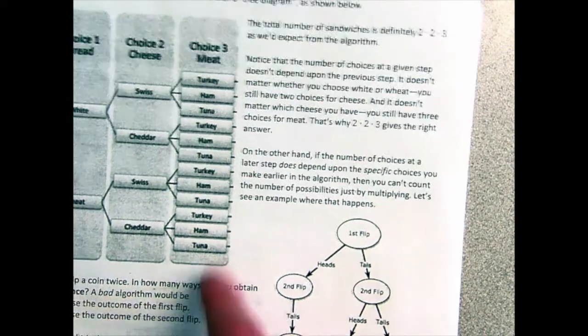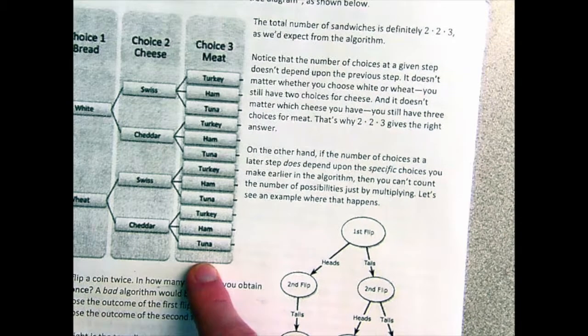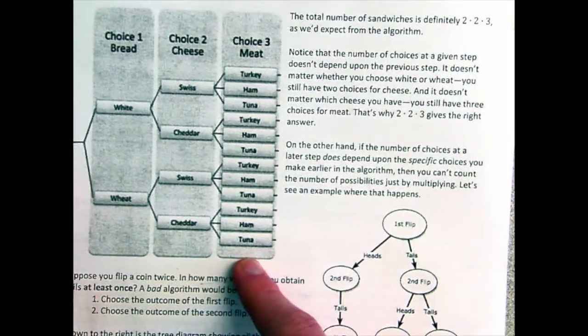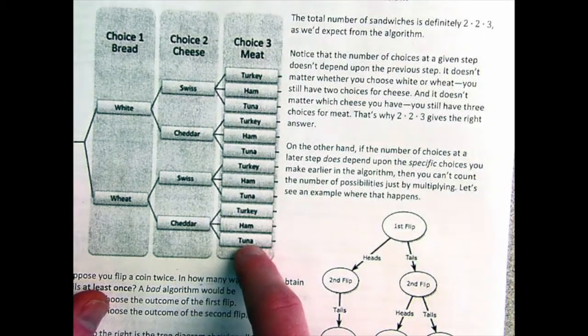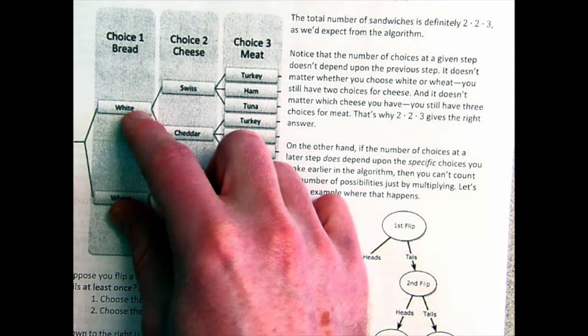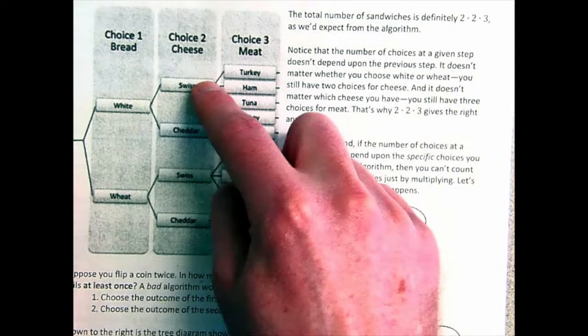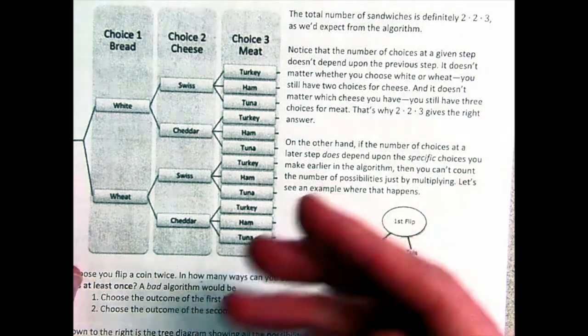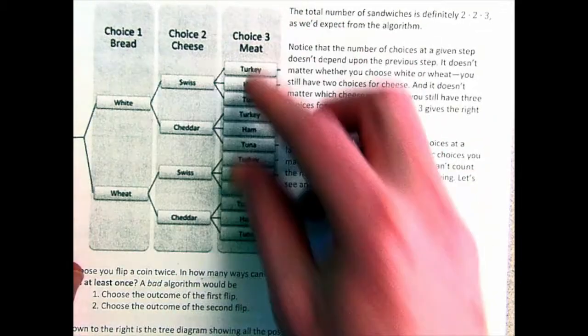Now, how many total possible sandwiches, that is, how many total possible outcomes, are there? Well, you can count them if you want, one by one, but it's pretty clear that there are 2 branches here, and then each of these branches has 2 branches, and then each of these branches has 3 branches, which means that the total number of branches is going to be 2 times 2 times 3, right?